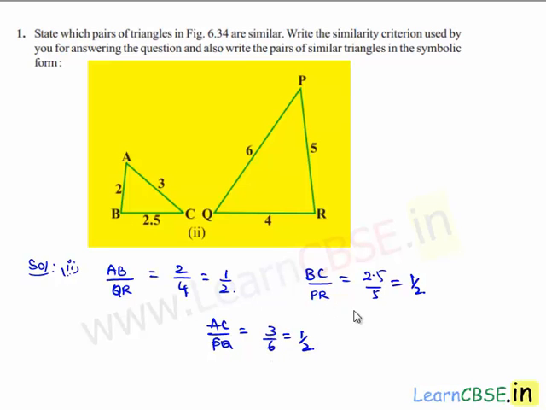So as all the ratio of sides, that is the ratio of corresponding sides, that is AB by QR is equal to BC by PR is equal to AC by PQ.